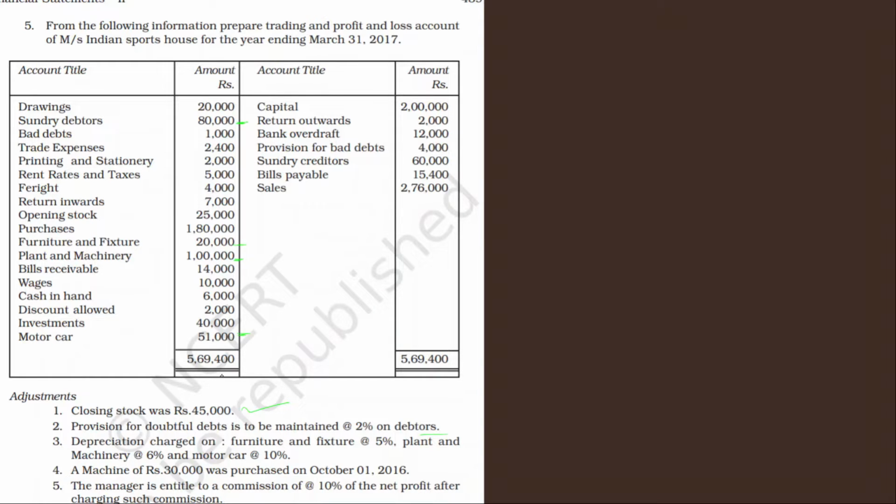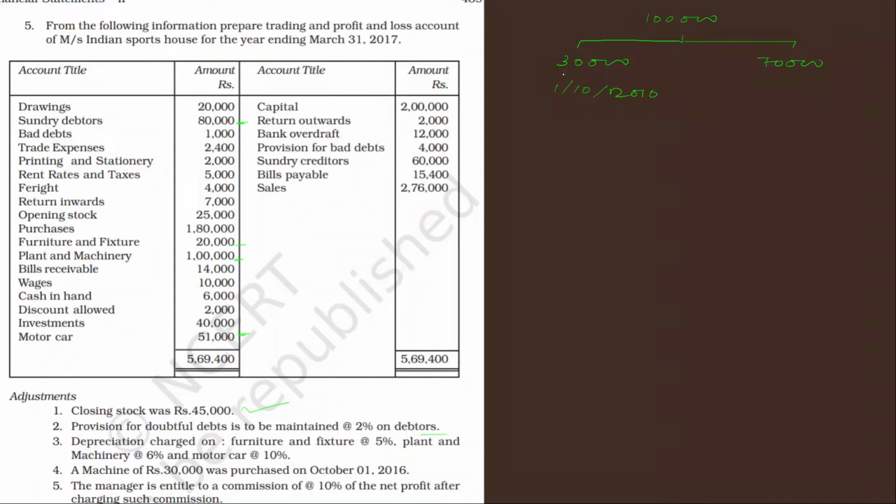Additional information is given that machinery of 30,000 is purchased on 1st October 2016. In the trial balance you are provided that machinery of rupees 1 lakh is there, out of which 30,000 of machinery is purchased on 1st October 2016, and the rest 70,000 is still with Indian Sports from the beginning of the year itself.